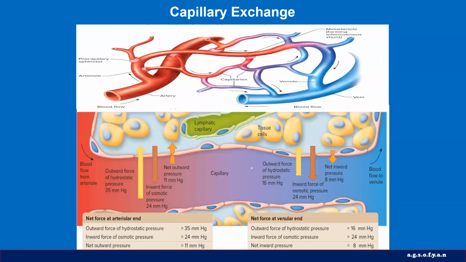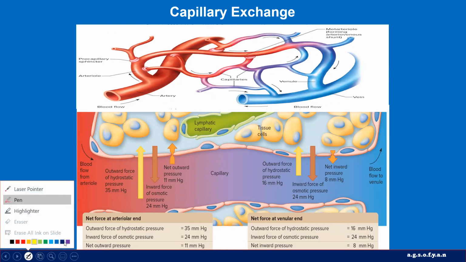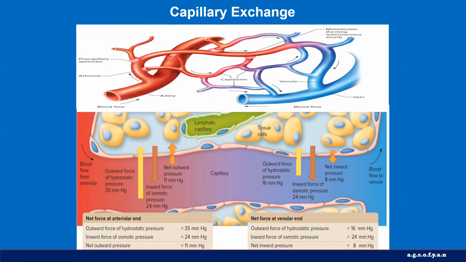This is showing what happens in the organ or in the tissue. Again, this is the capillary. The red side is the arteriole side, and the blue side is the venule side.